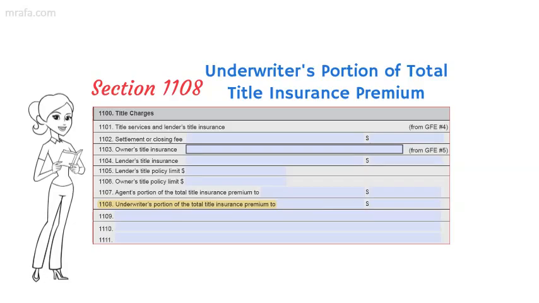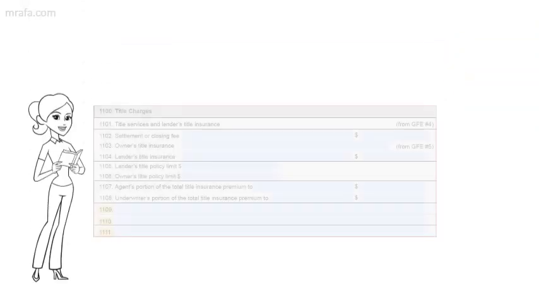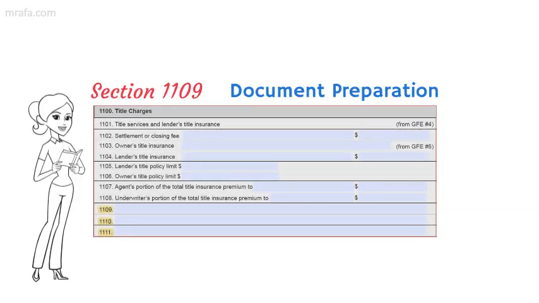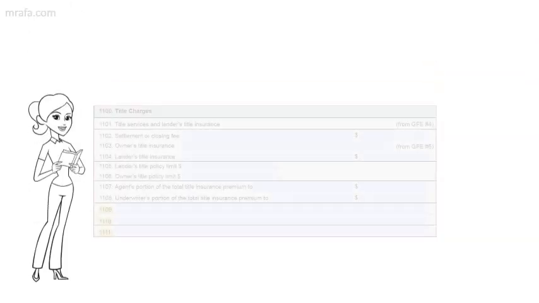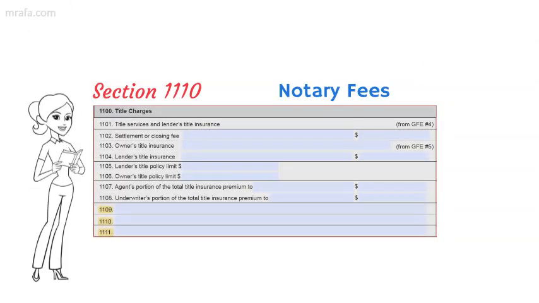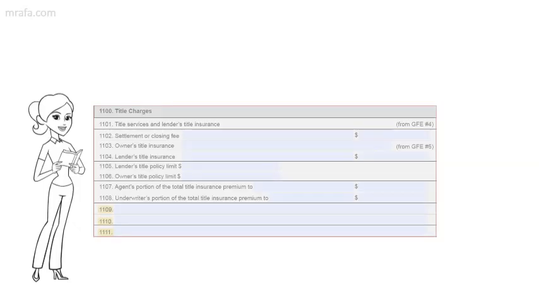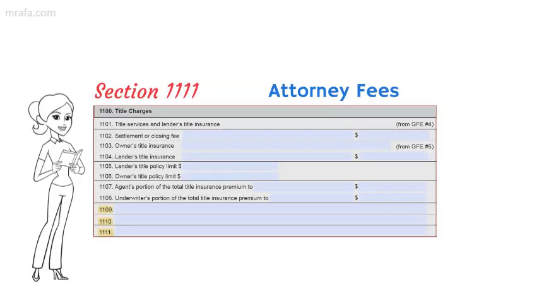And you can include here the underwriter's portion of the title insurance premium, the fees related to document preparation, notary fees, attorney fees. So any fees related to the title of the property, this is where you will see it on the title charges. So on this section, it'll be part of the cost of the property.